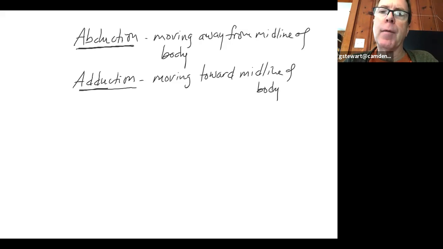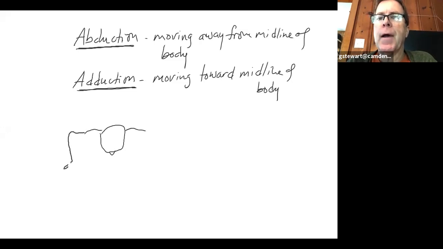The last example I'm going to give you is, this is hard to picture, but doing push-ups is also an abduction and adduction movement. So if I'm going to do a push-up, if I'm down on the ground and this is my head, there's my nose, I'm looking down at the ground, here's my back, my shoulders, and I splay my hands out like this.